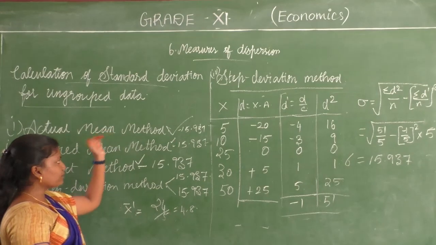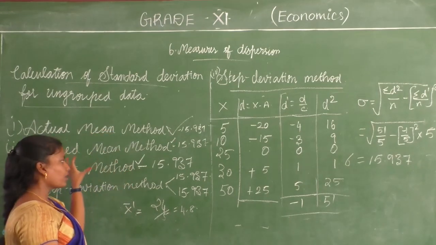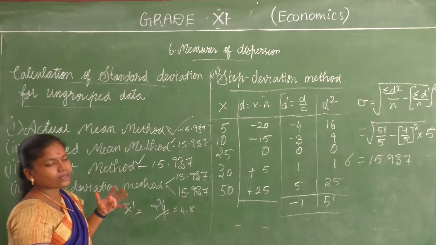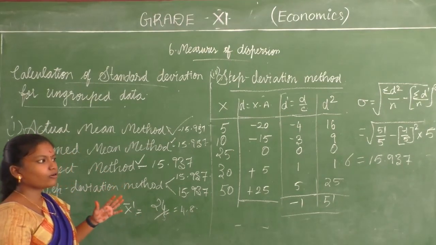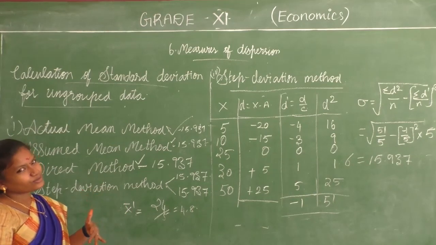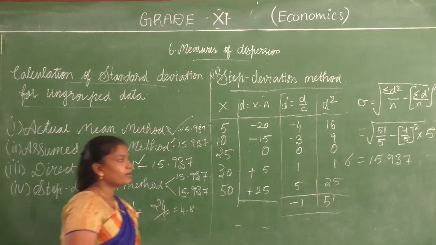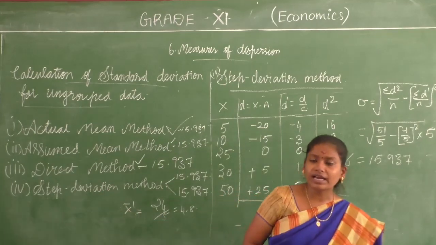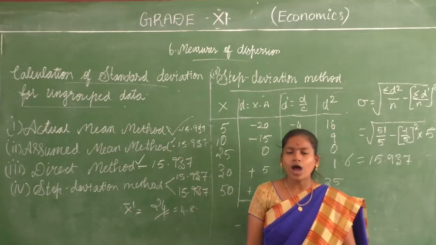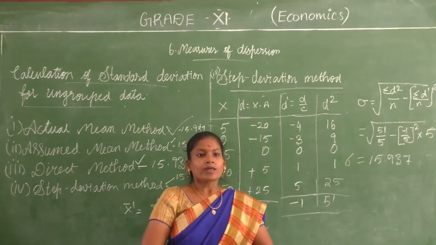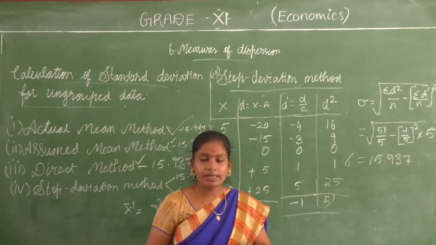If you are given a tough method to work with, you can verify whether your answer is correct using whichever method is easiest for you. Whichever method you are confident about. I am going to be confident about all four methods. Only one example we have discussed in all these methods. I want you to go through all these methods clearly and work out all the problems.